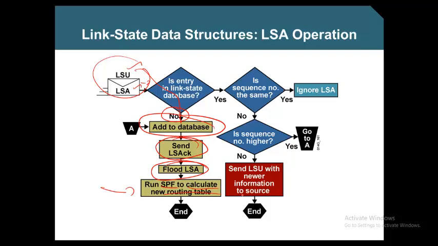A packet is entering. Is there an entry? Yes means what? It is not just a fresh router, it has got some entry already. Correct. So now it will check whether the entry has got a sequence number higher or lower.